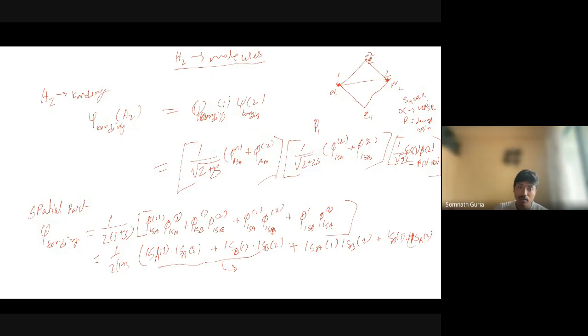That means in the first term, 1sA 1, the first electron is in atom number A and the second electron is also at atom A. In the second term, the first electron is staying at atom B, and the second electron is also staying at atom B. That means it is the ionic term. It is overemphasized.